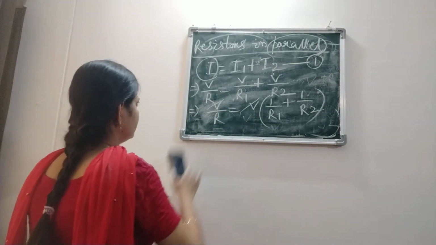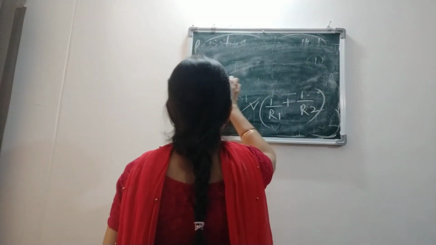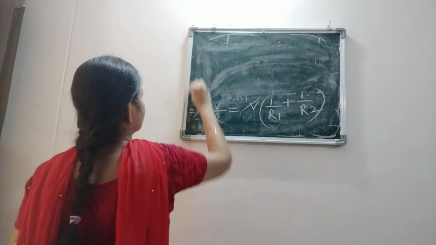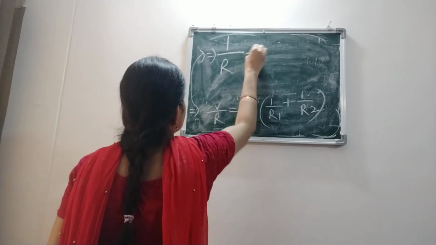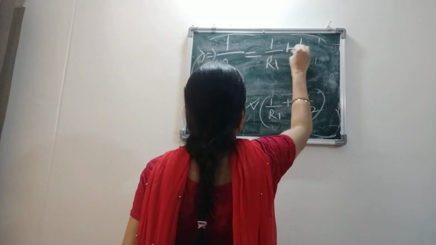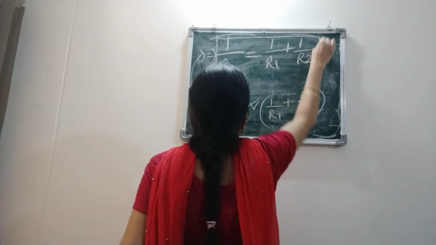So, the equation becomes 1 divided by R is equal to 1 divided by R1 plus 1 divided by R2.